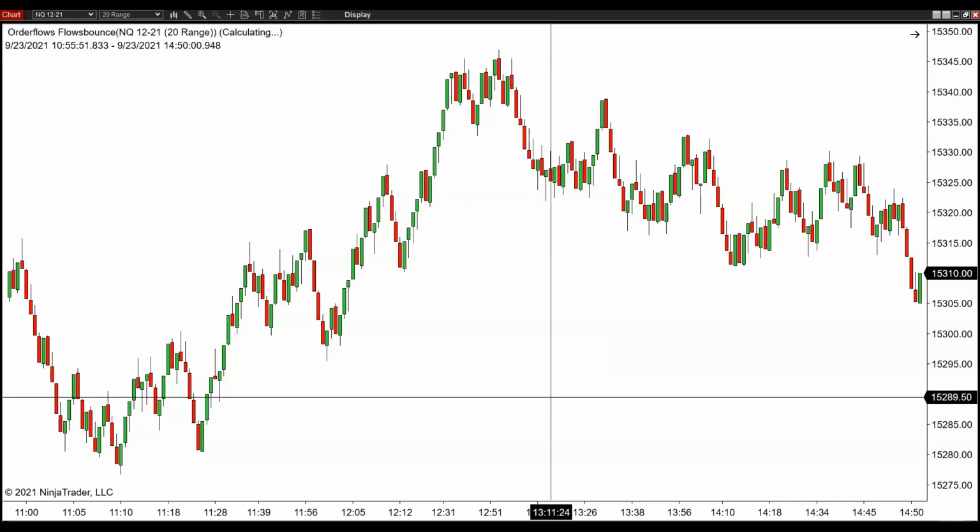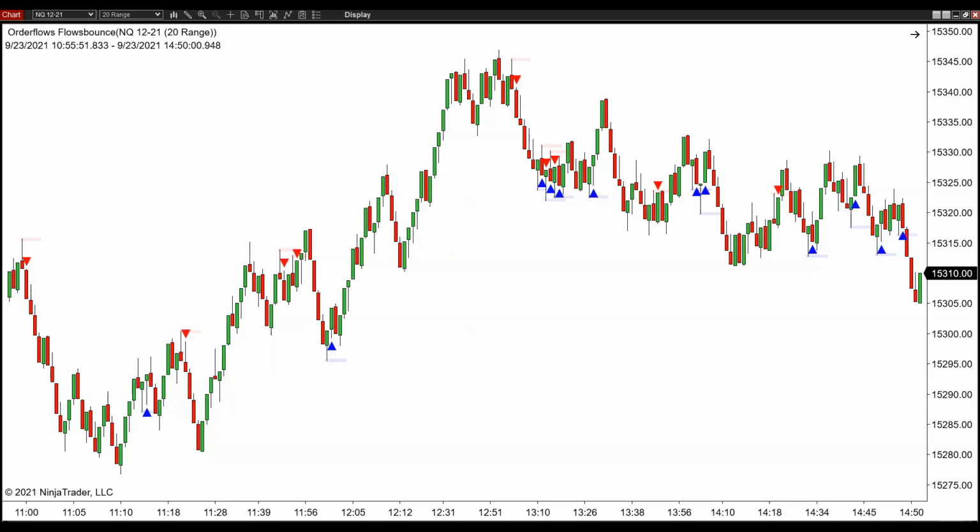Well, there's Flowsbounce, pulse, turns, power bars. They're all different parts of the order flow that's being read, right? Turns looks for more market generated support or resistance. Pulse looks for market generated momentum, and power bars.